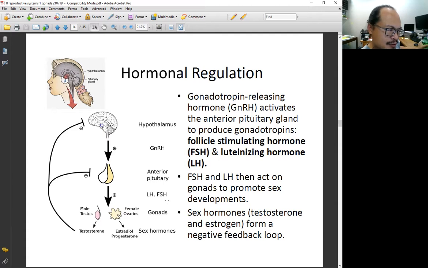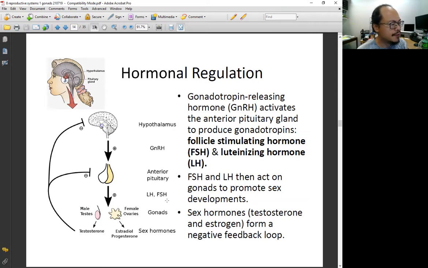So just by the name, you probably would think, how would these have to do with male, right? Because follicles, is there a follicle in male? Luteinizing hormone, how does that have to do with the testicles, right? But we will find out.